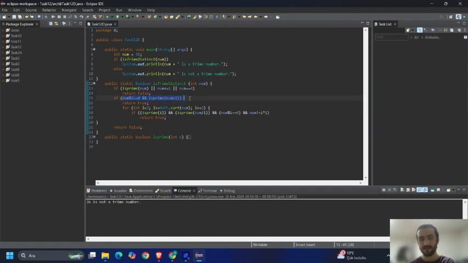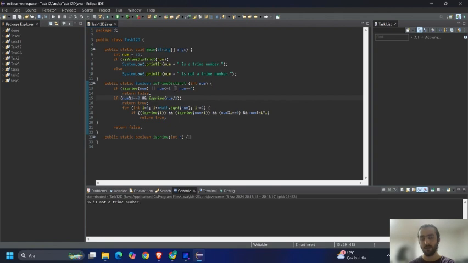If that's the case, this means that our number is an even prime number. So we are directly returning a true. We are cutting it right there, if our number is an even prime number.